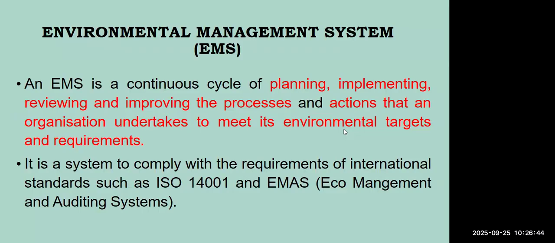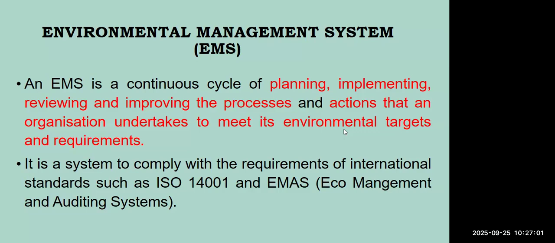It is a system to comply with the requirements of international standards. They can be local standards as well in some cases, such as ISO 14001 and EMAS, which is the Eco Management and Auditing System.